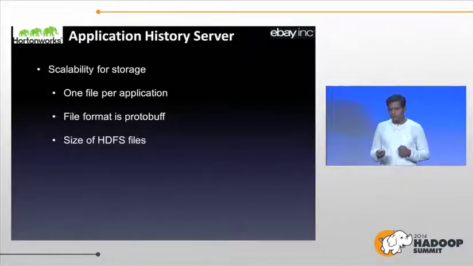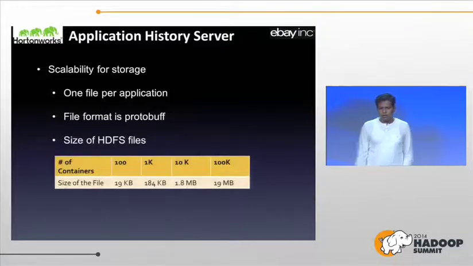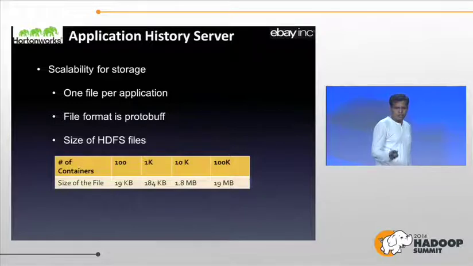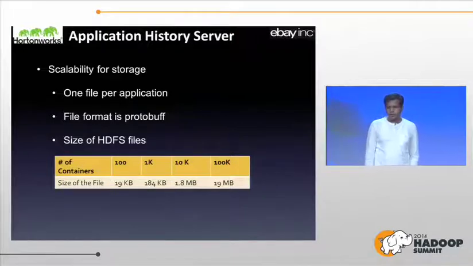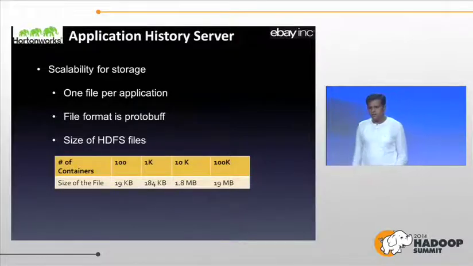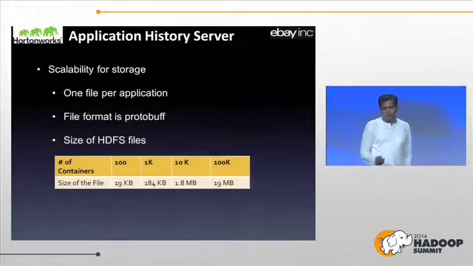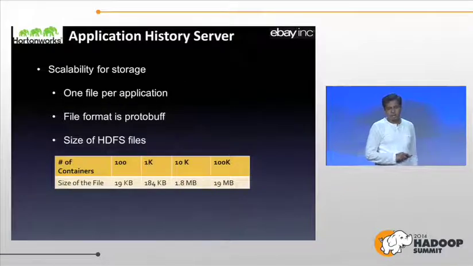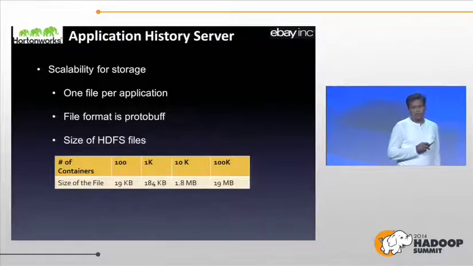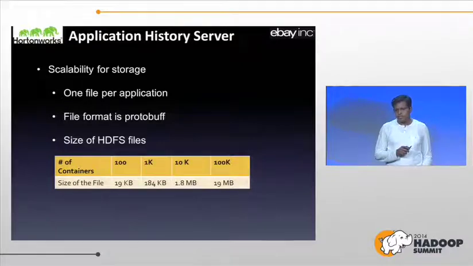We did some experiments on the size of the file. If you have 100 containers, the size of the file is 19 KB. If you have 1K tasks in your job, it's 184 KB. If you have 10K tasks in your job, the file size was 1.8 MB.